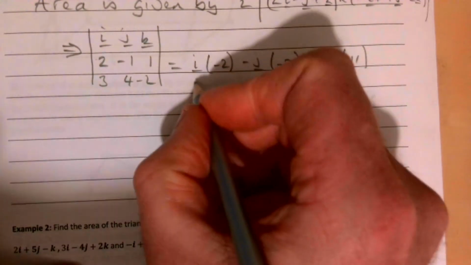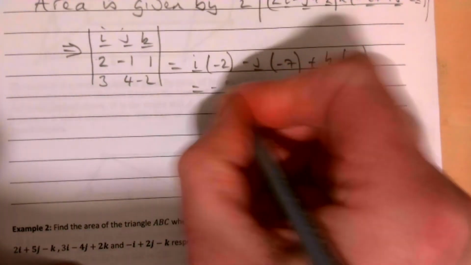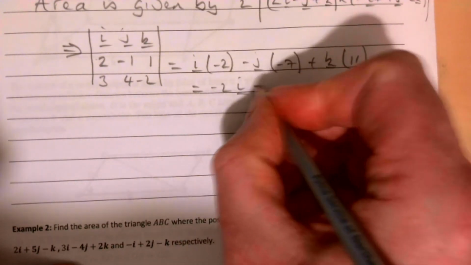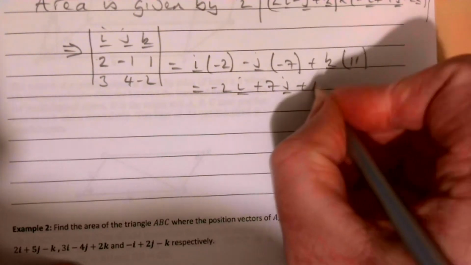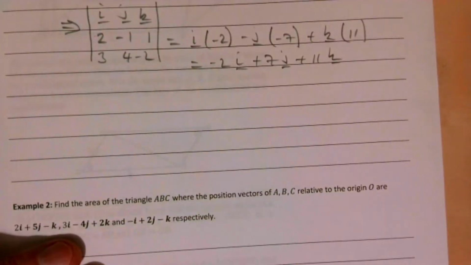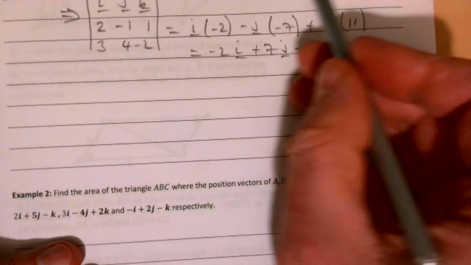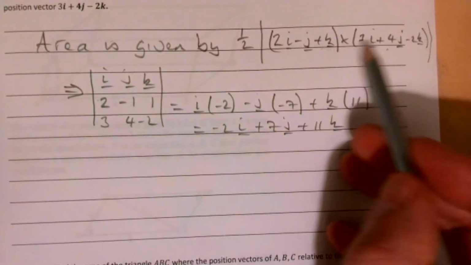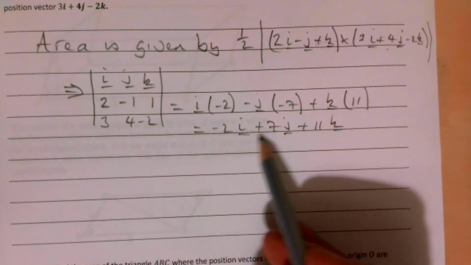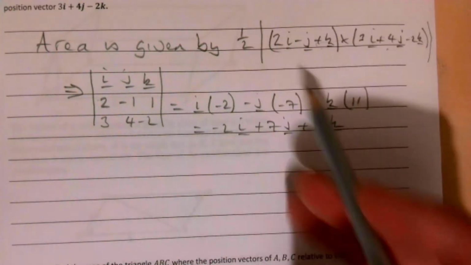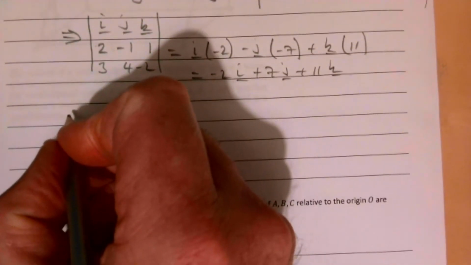So our cross product is minus 2i plus 7j plus 11k. So our cross product of this and this has given us this. We need to find the modulus, the magnitude of that, and then find half of it.